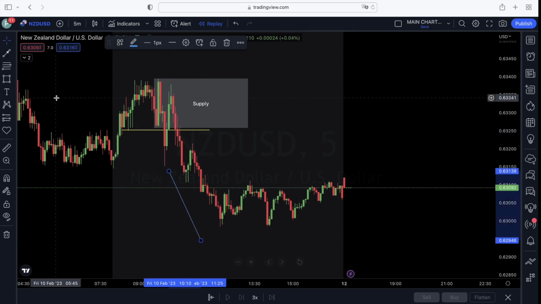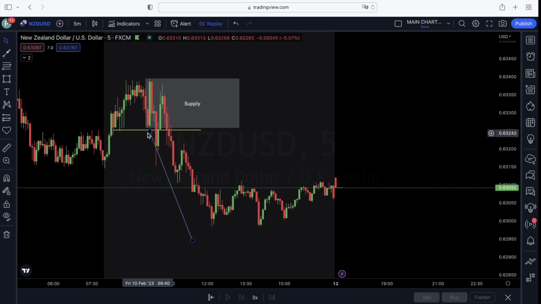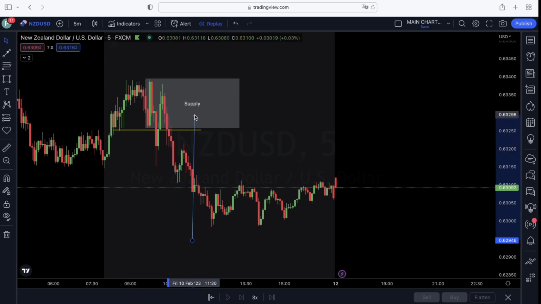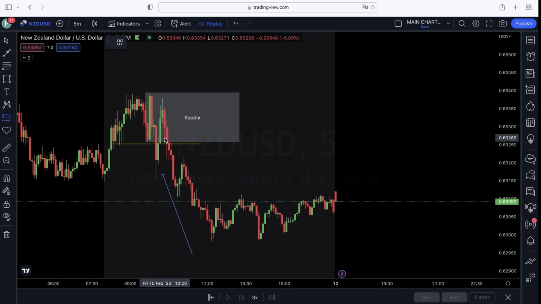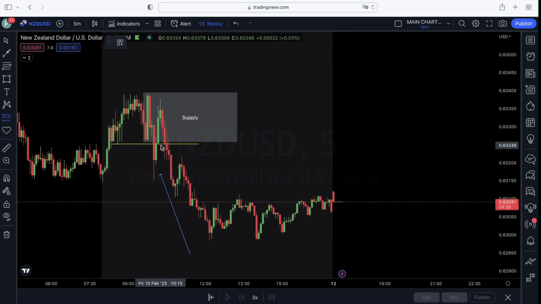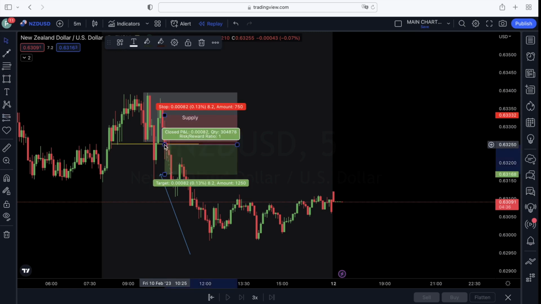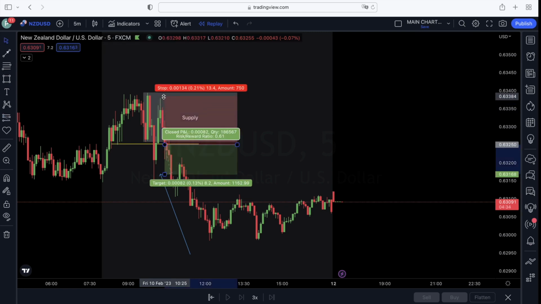After structure was broken right here, we would be waiting for the market to retest this supply zone, which it did clearly right here. Our entry point for this short position would have been right below the break of this first bullish candle. Okay, our stop loss would have been here.